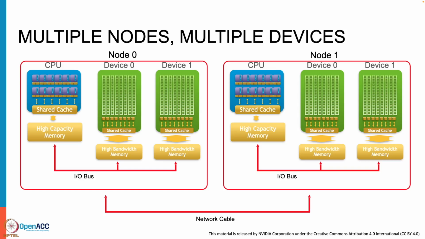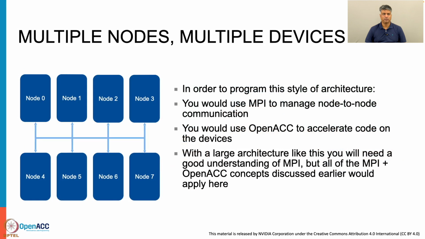When you have multiple nodes and multiple devices, this is essentially the sort of diagram that you have. You have a CPU, with high-capacity memory, which is now connected to 2 devices on node 0. And through some sort of network, you have another node 1, which is identical to node 0, again connected to multiple devices. And this is where you will start to exploit the parallelism.